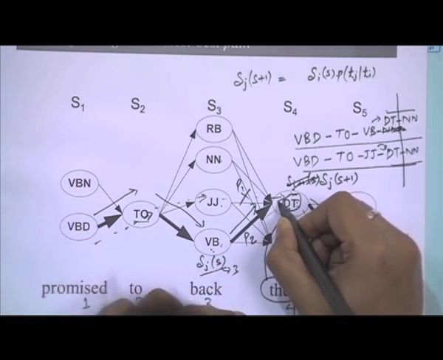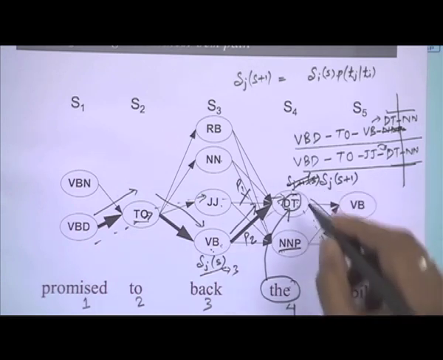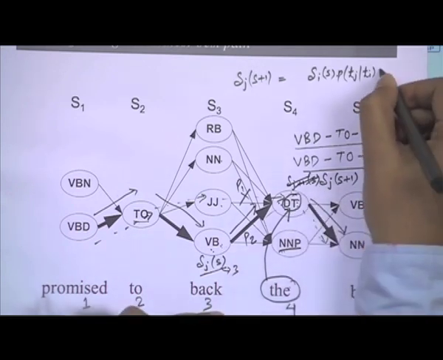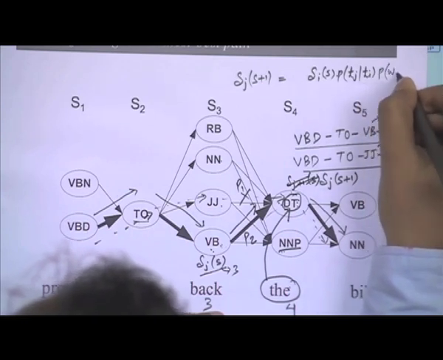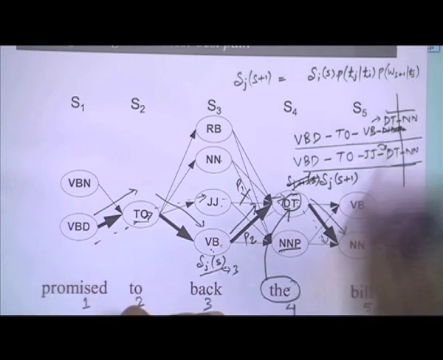This is the tag sequence transition probability, and the emission probability, that is the probability of the word at step s plus 1 given Tj.